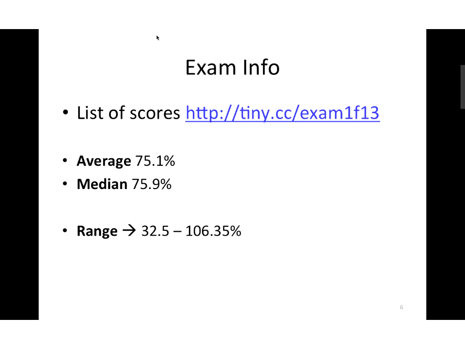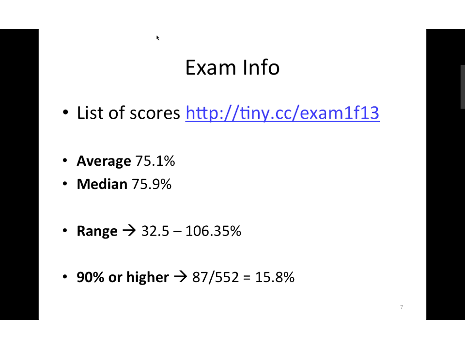Hopefully you've read your email from yesterday. I did add 8 points onto the score, so these are all after adjustment. So several people ended up with more than 100%. If you've not read your email from yesterday, I advise you to read it. But these are after the adjustment.